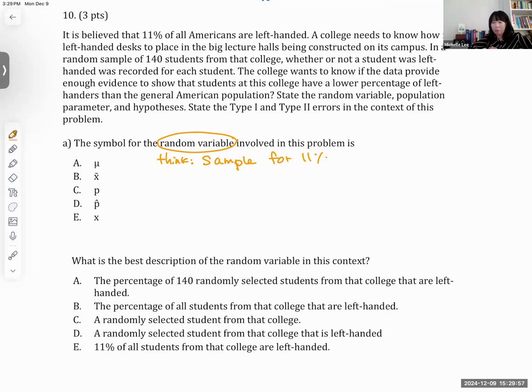Then what is this? Is it mu or x bar or p or p hat or x? What do you think? We have a percentage. What is this then? Thank you, direct message. This is a p hat, right? So percentage means p or p hat, right? I said that random means a sample. So sample proportion, right? So that would be the sample proportion.